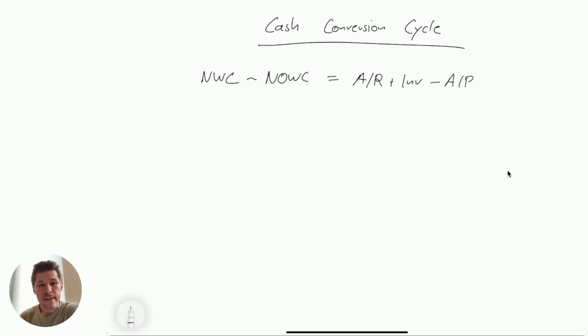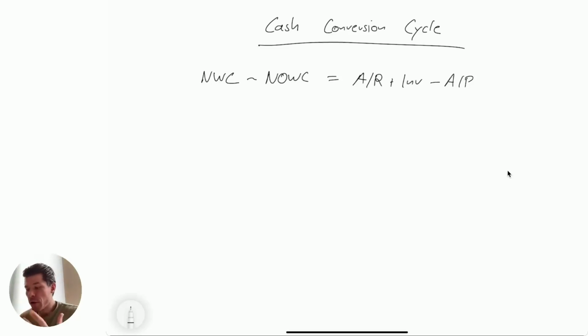How many days it takes to liquidate your inventory, how many days it takes to collect your cash from your customers, and how many days it takes to pay your suppliers.